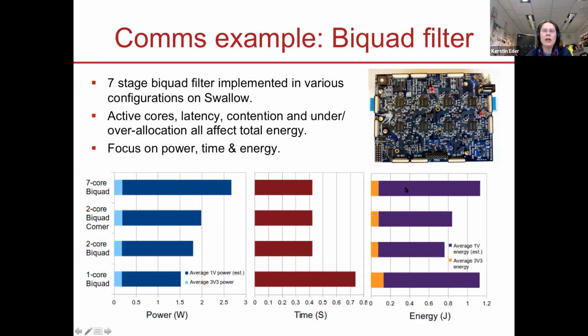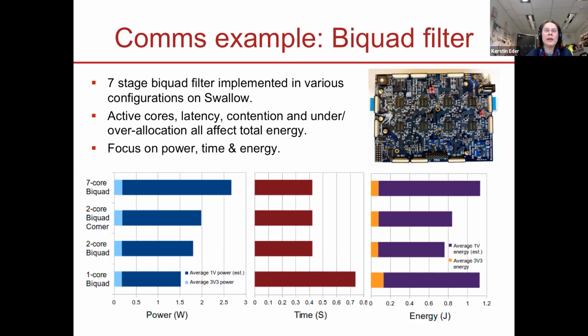And then I've got the energy, which is the product of those. If I look at the bottommost line, the 1-core implementation is running 7 threads. That uses more time because I need to share the processing resource, because the maximum performance on the X core is with 4 threads per core. So it will run for longer. But in terms of energy, it actually comes out very similar to the 7-core.